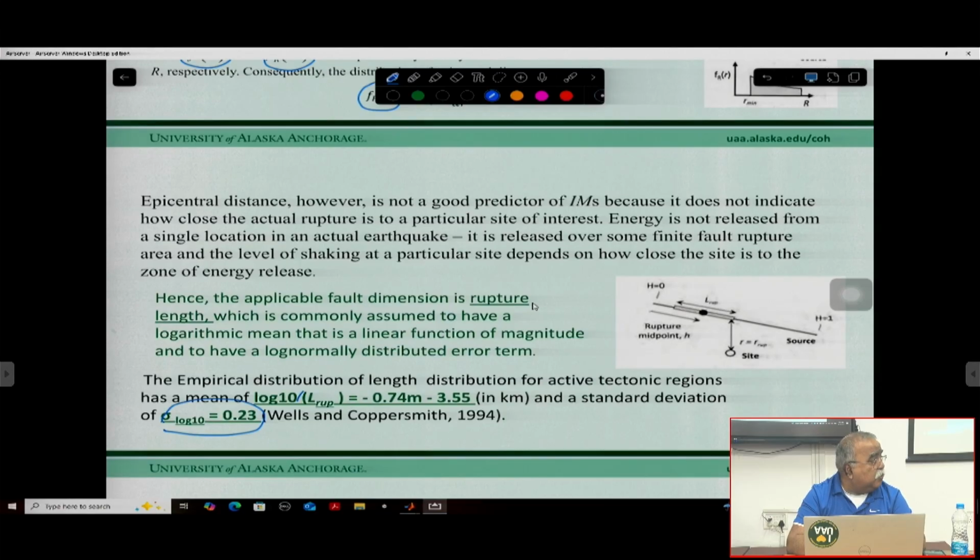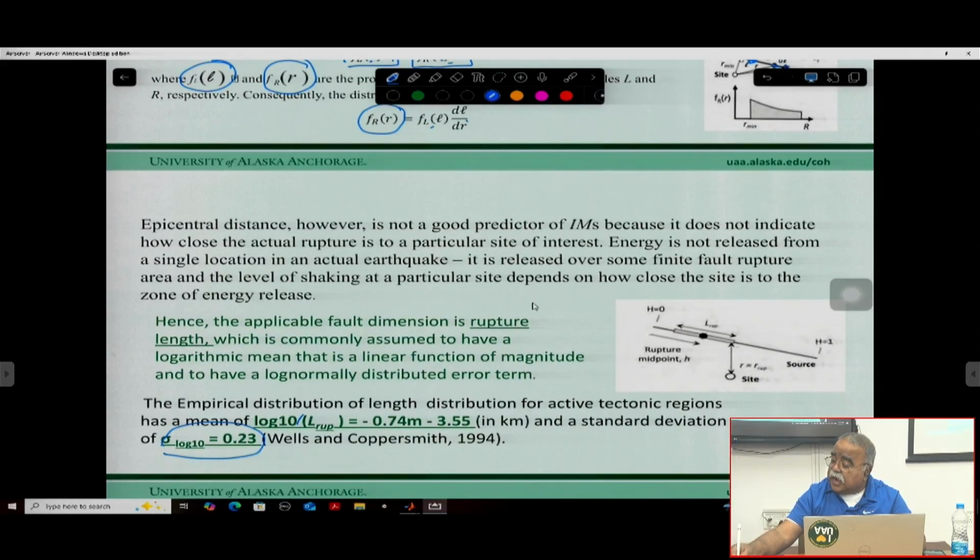So this is what we will be doing. Since your FL(l)dl is equal to this one, we can replace FL or the rupture length in terms of the epicenter, right?